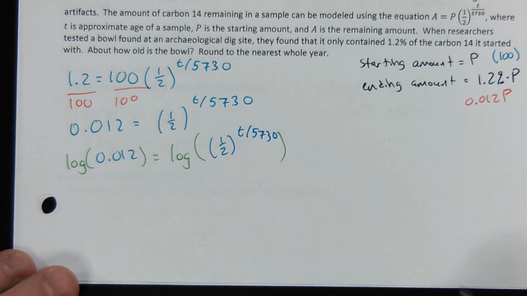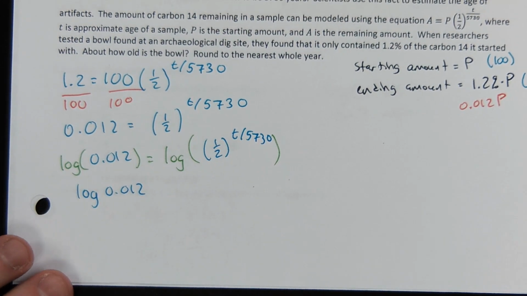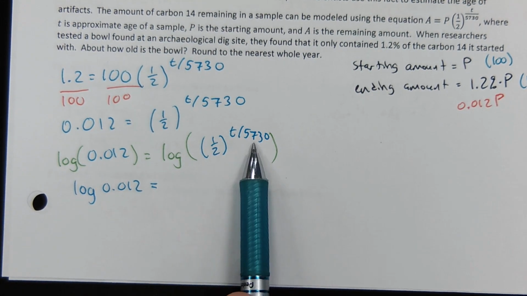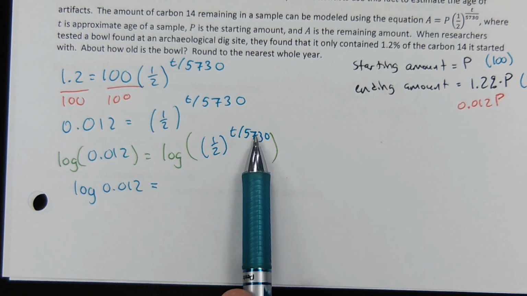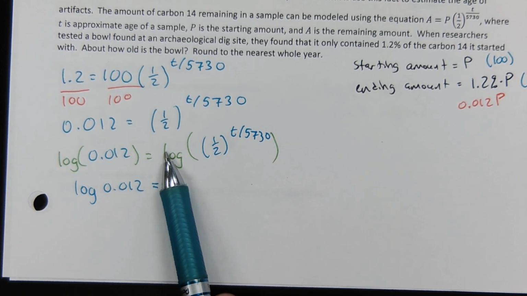All right, so I've got log of 0.012 on the left, and on the right, the whole purpose of using a logarithm was to get this fractional exponent out of the argument, to bring it down to the front. So you can't move it down to the front until you have a logarithm.